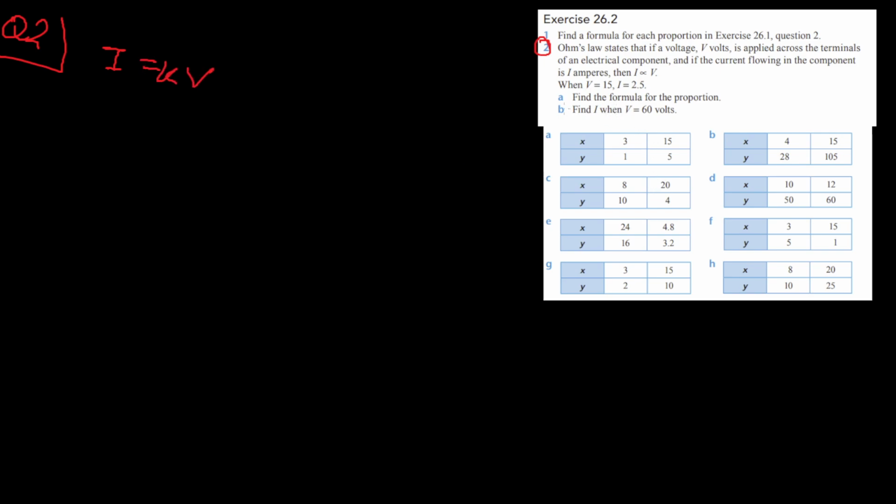So let's find the formula. We can see that our V is given and our I is given, so it's 2.5 equals k times 15.